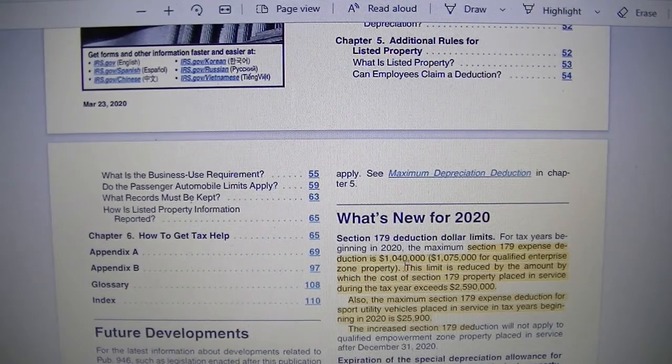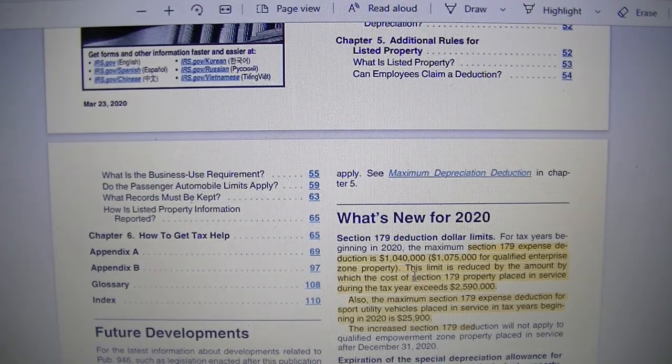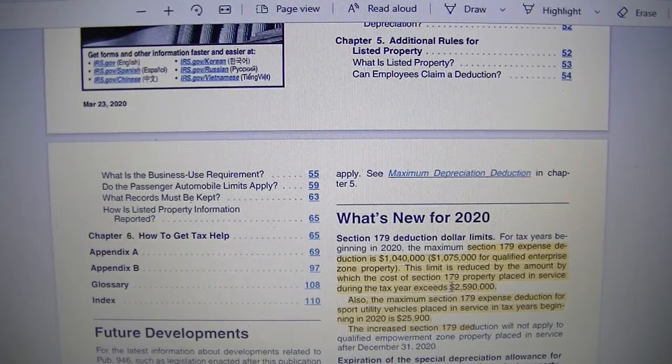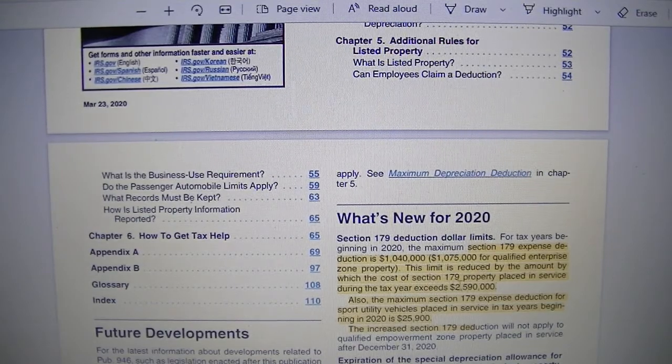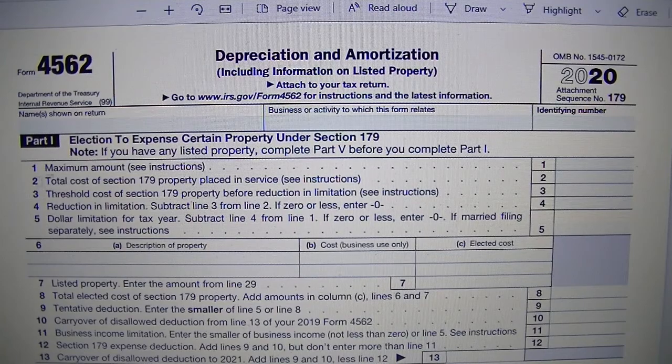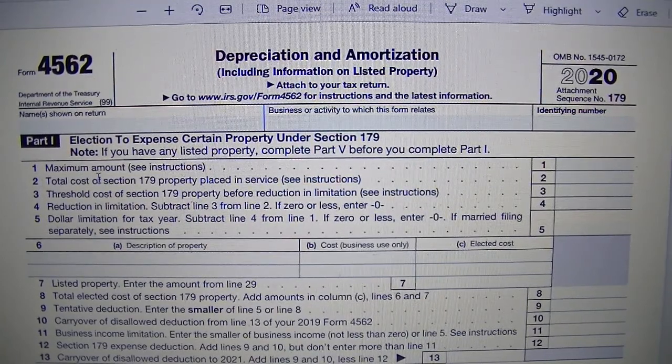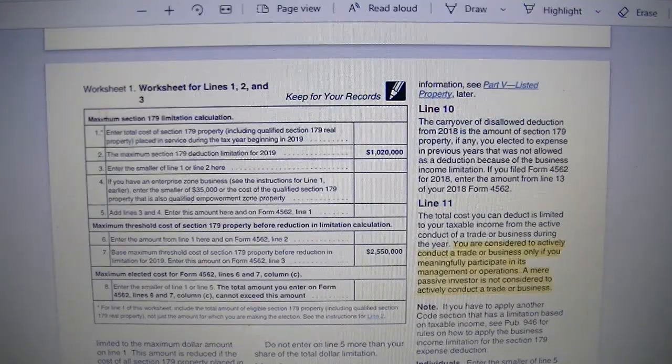So 1,040,000 for 2020 is the maximum for line 1 of Part 1, Section 179 expense deduction, and the maximum on line 2 is 2,590,000. So on line 1, maximum amount, you'll be able to use the worksheet to calculate it.